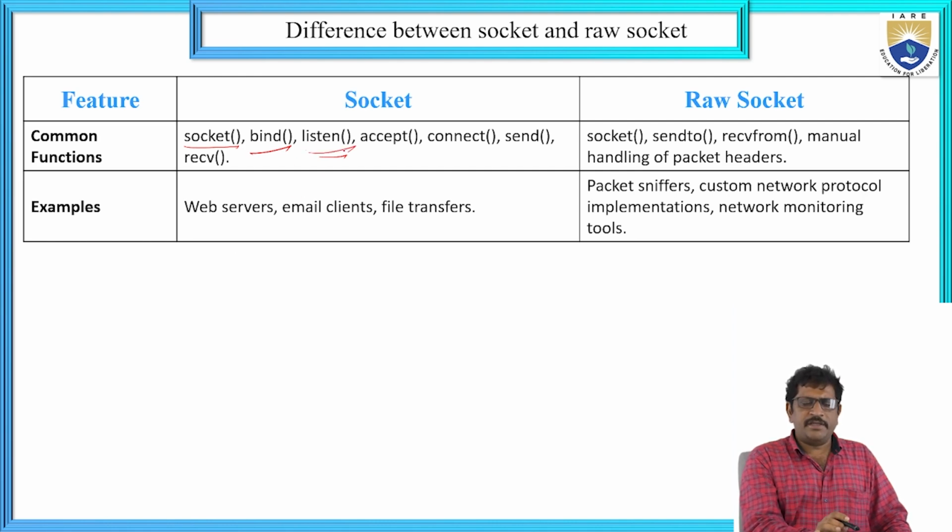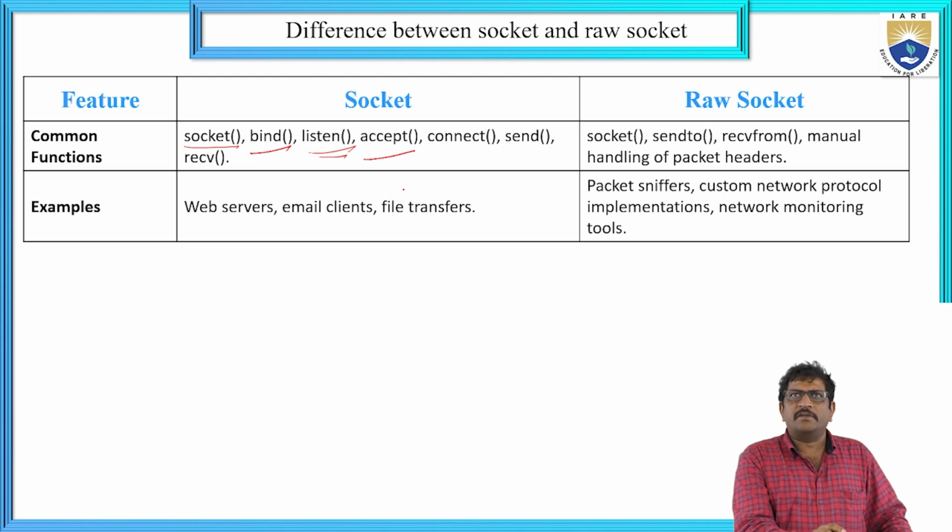Once it is receiving the data, with the help of the accept function, these are all the common functions. If it is accepted, then only the client can send the data to the server, and connect, send, receive. So these are all the common functions that can be utilized in client and server communications.